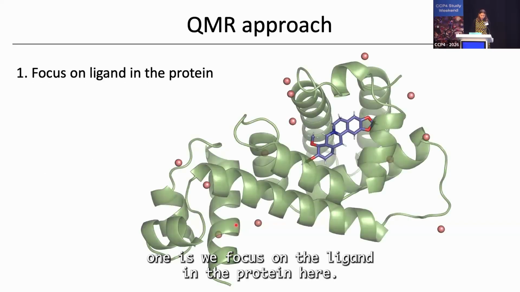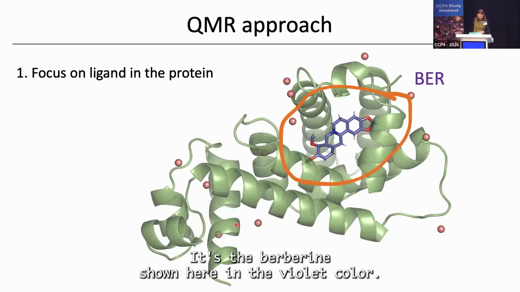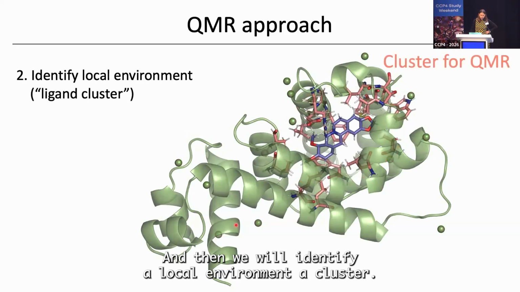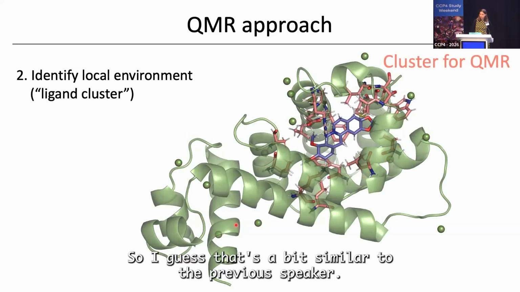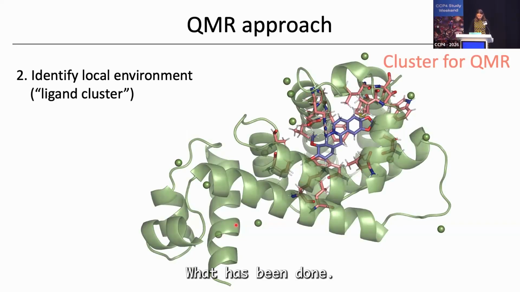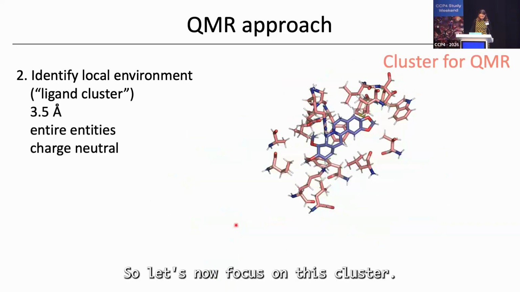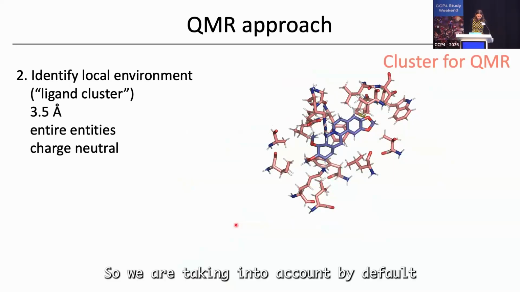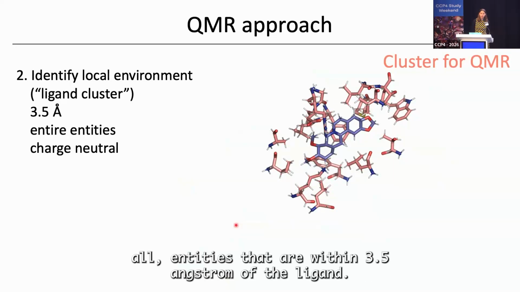So step one is we focus on a ligand in the protein. Here it's the berberine, shown here in the violet color. And then we will identify a local environment, a cluster. So I guess that's a bit similar to what has been done by the previous speaker. So let's now focus on this cluster. And so we are taking into account by default all entities that are within 3.5 angstrom of the ligand.